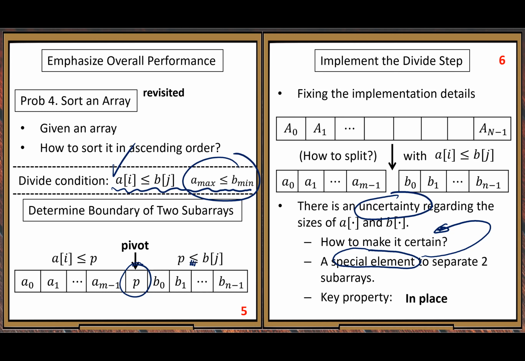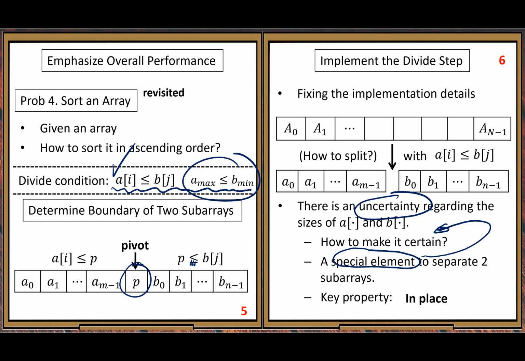Although you have the freedom, if it's equal, it's fine, for simplicity we just make P strictly less than all the values in the B subarray.